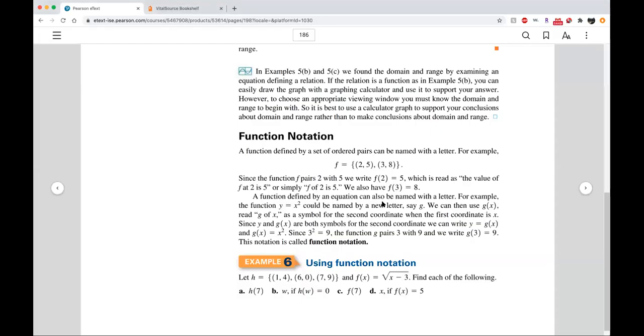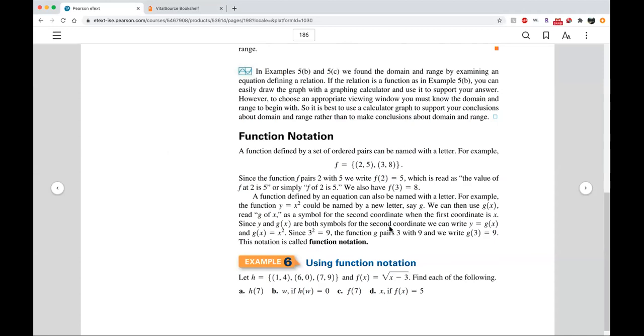Example 6. Let H be the set of ordered pairs (1, 4), (6, 0), (7, 9), and let f of x be defined by the square root of x minus 3.